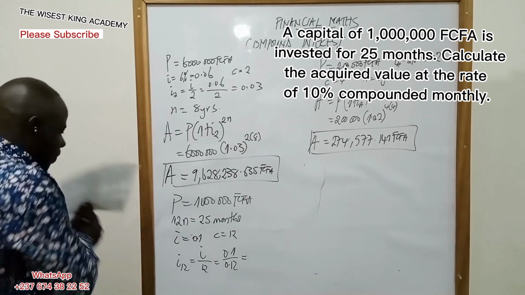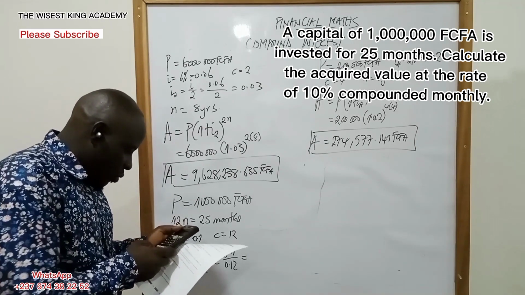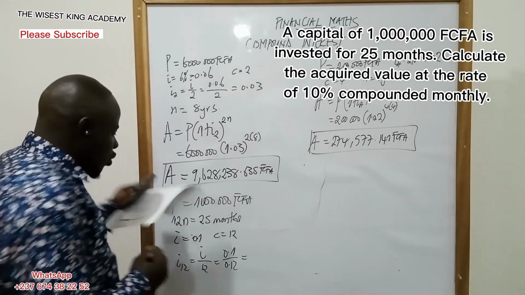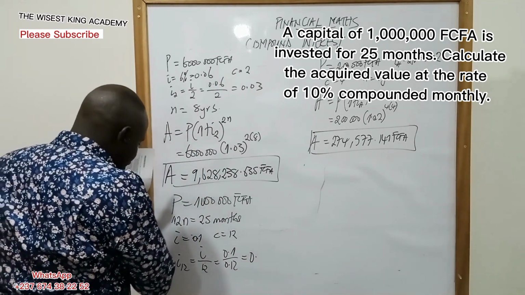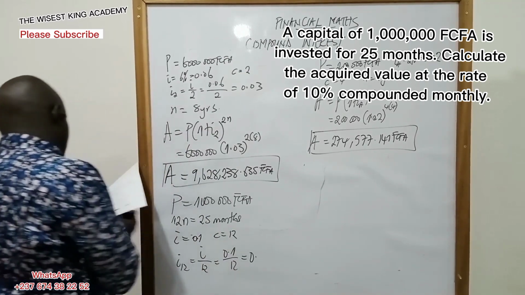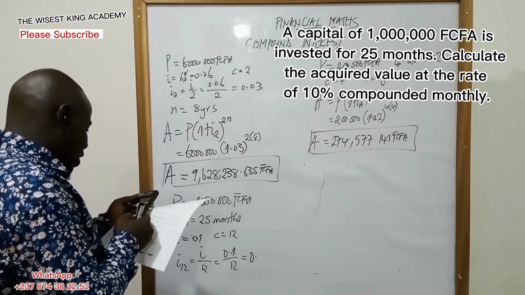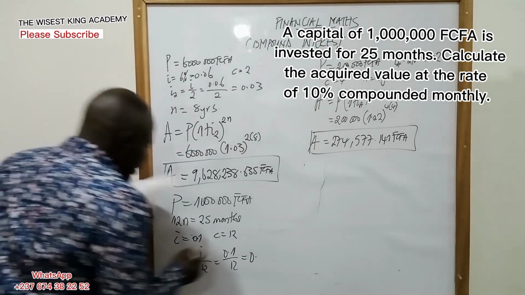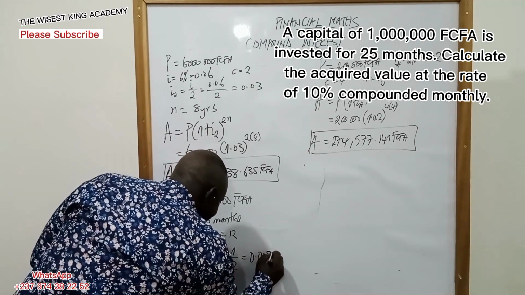So 0.1 divided by 12. Let me calculate. I did not take a calculator, please. It's 0.1 divided by 12, which is 0.0083.